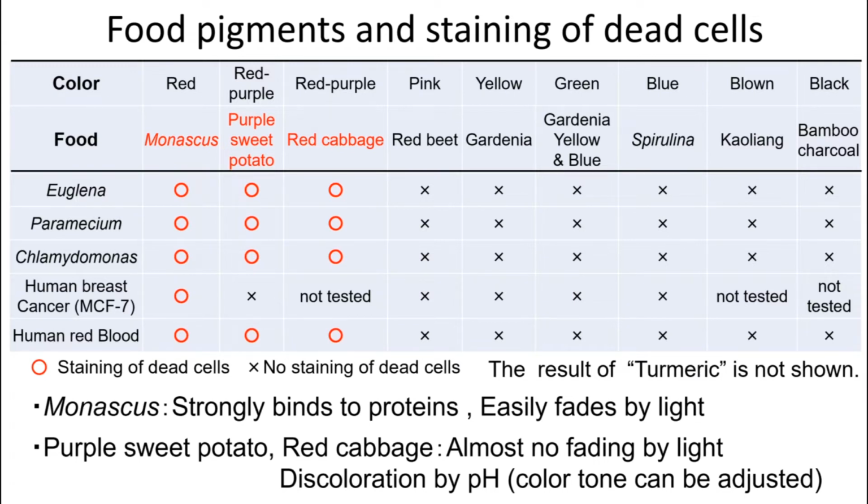In particular, monascus pigment was able to stain cells of various species with different cell structures.